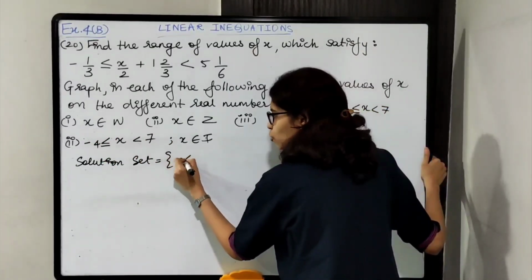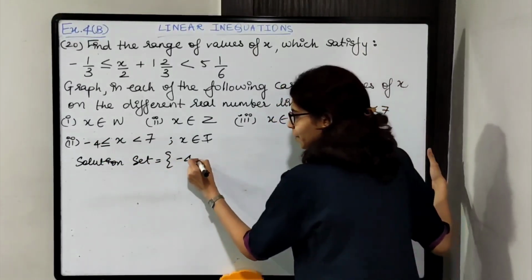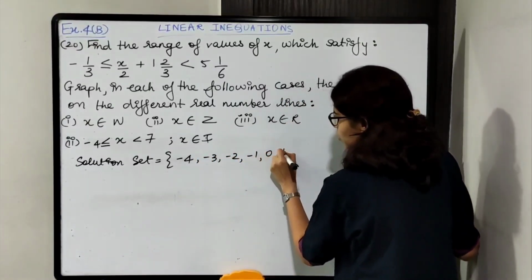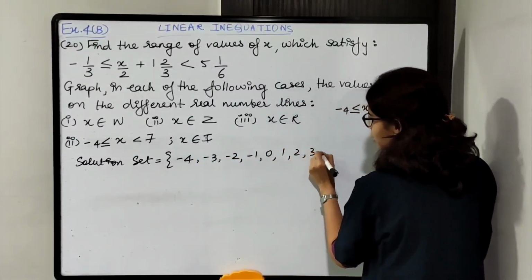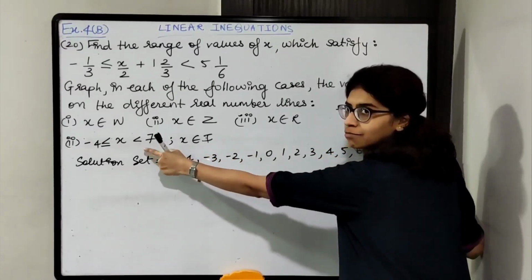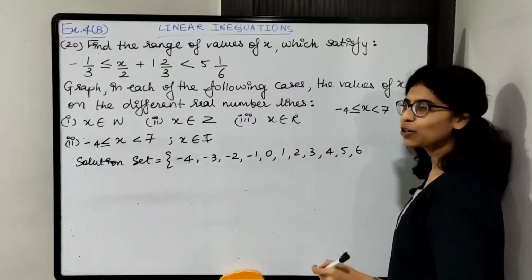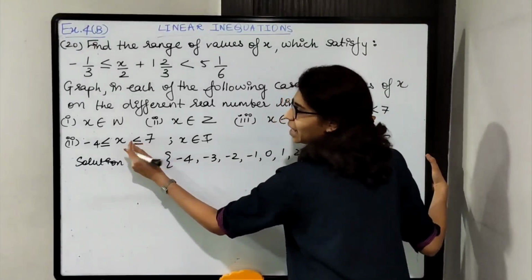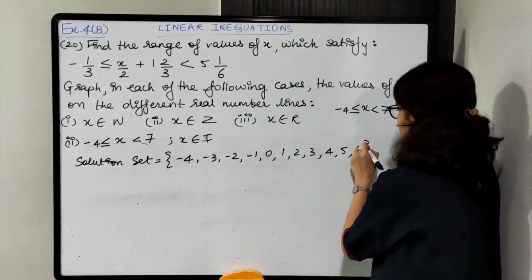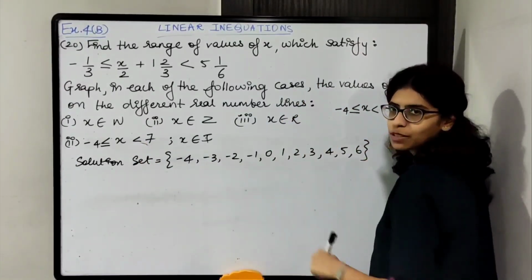So -4 belongs to the set of integers, yes. Then -3, -2, -1, 0, 1, 2, 3, 4, 5, 6. Will we include 7? No, because it is not equal to 7. It is only less than 7. So only up to 6. So these are the possible values.